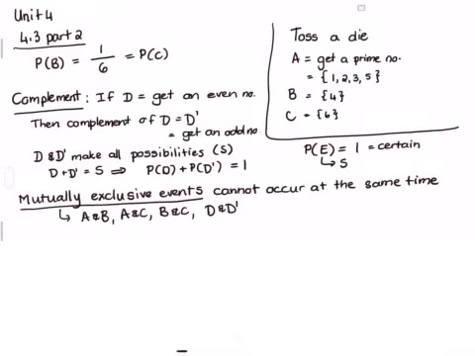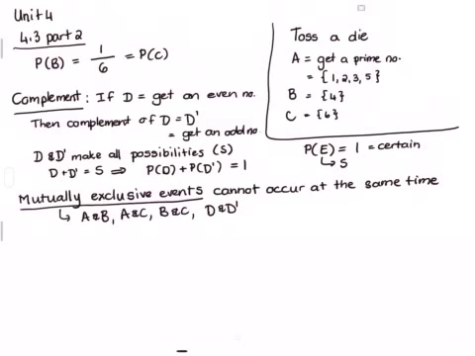So it's impossible to say, let's toss a die and I want to get a 4 and a 6. If you only toss the die once, you're only going to get one value. So you can't get a 4 and a 6. They are mutually exclusive events.